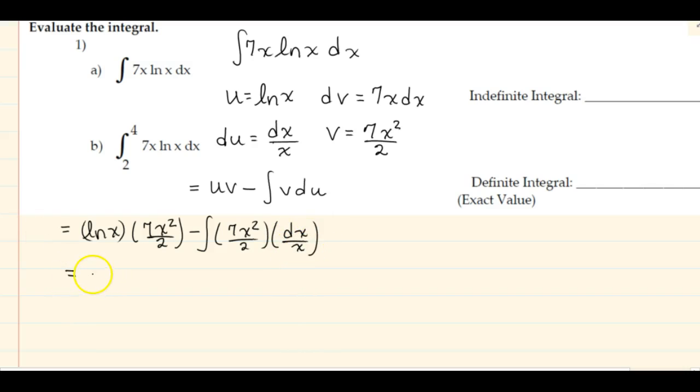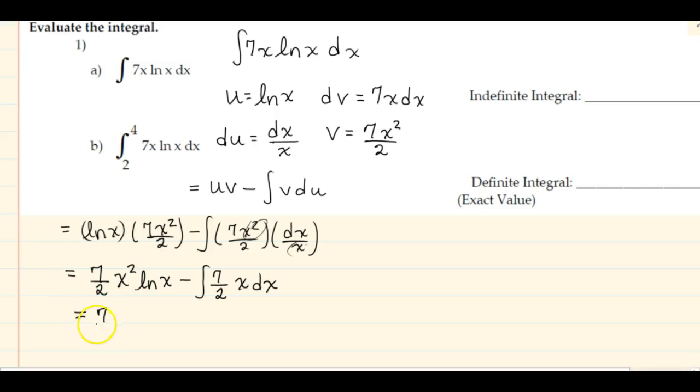So just rearranging things up here, I get 7/2 x squared natural log of x minus the integral of 7 over 2 x dx, because we can see that our x squared and our x simplify to that.